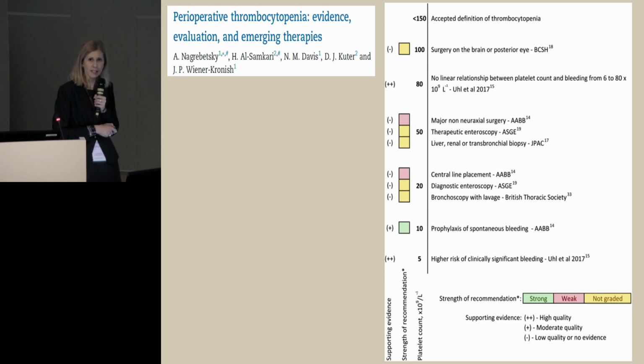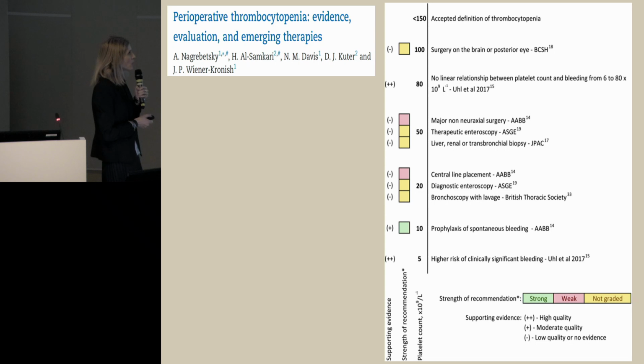So if we have less than 10 giga per liter, we can give prophylactic platelet transfusion because we are afraid of the risk of spontaneous bleeding. Otherwise, no. For CVC line placement, it is recommended to have 20 giga per liter. For major non-neuraxial surgery or liver biopsy, 50 giga per liter. And for neurosurgery or posterior eye surgery, more than 100 giga per liter.